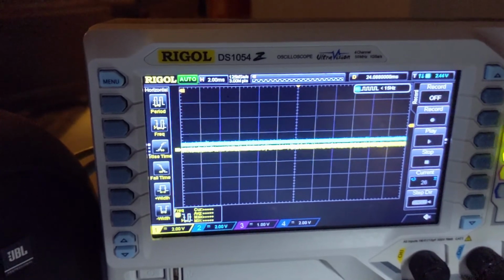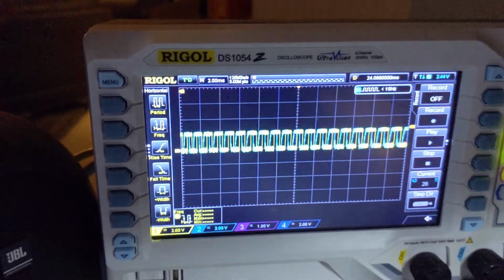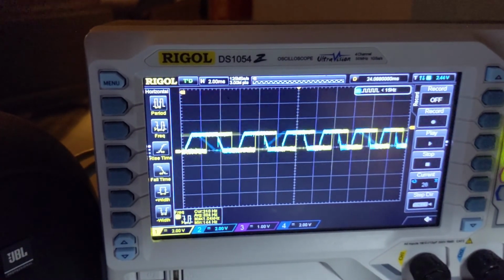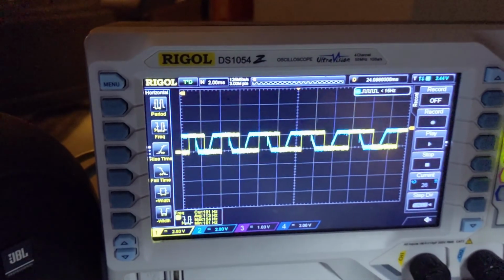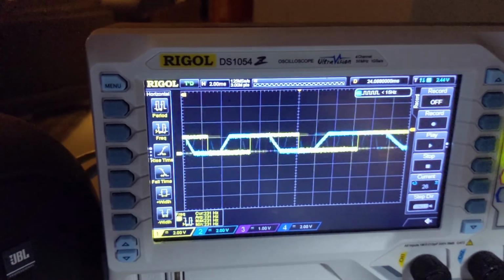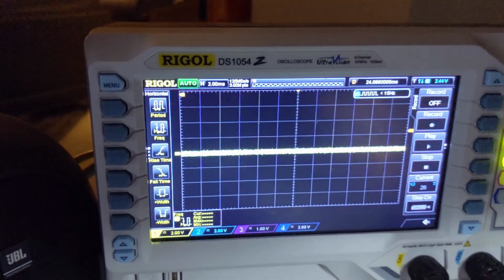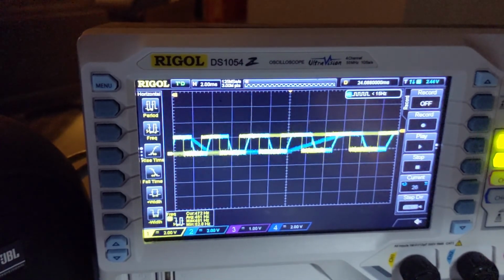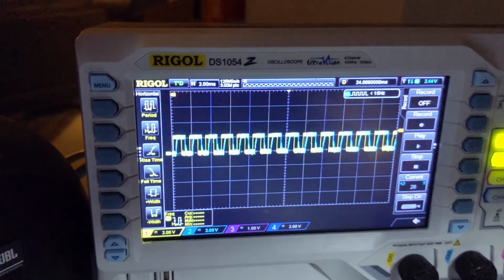So multiply that by 400, and that's the kind of insane resolution you can get with the full interpolation, which we're not going to do. So anyway, that's what the signal looks like coming out of the op amp.